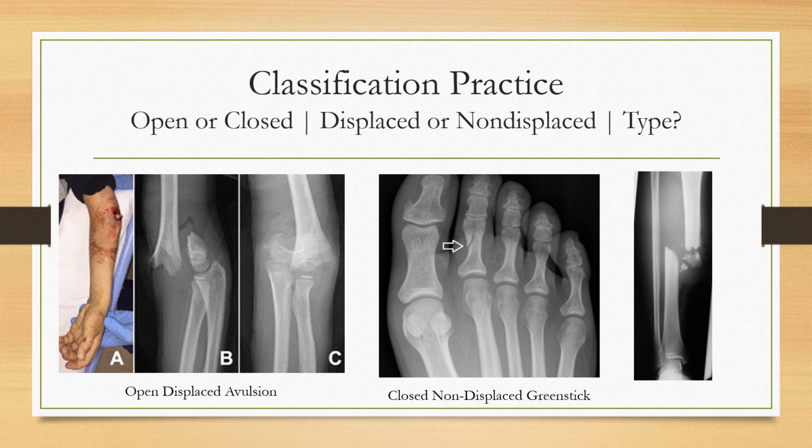And then we would just call it a transverse fracture or oblique fracture. But this is a displaced fracture, and it looks like there's multiple pieces, so it's comminuted. So it's likely closed. Probably didn't go through the skin. Is it displaced? Yes. So it's a closed, displaced, comminuted fracture.